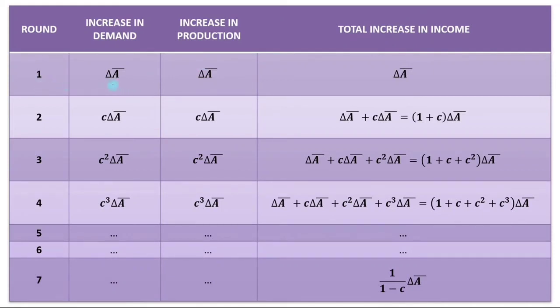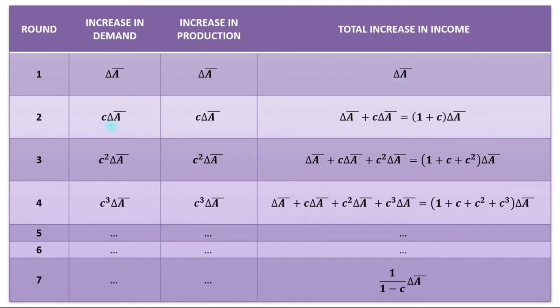Suppose that aggregate demand increases by change in A bar. To meet this increase in demand, production also changes by change in A bar. Total income changes by change in A bar. We know the fraction MPC is spent on consumption.